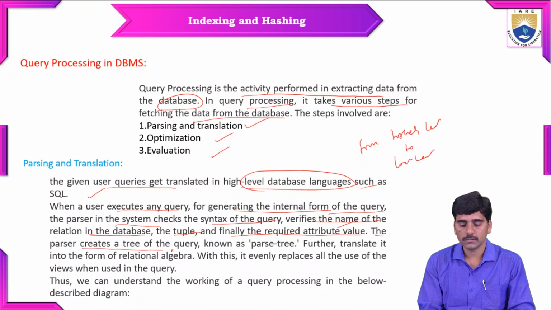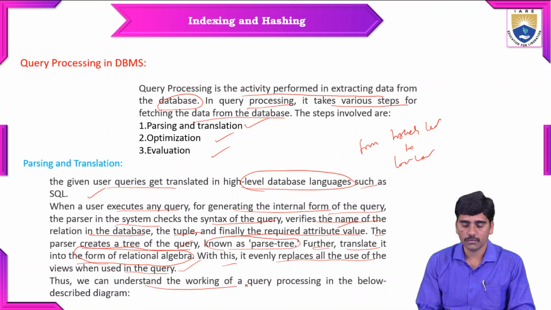The parser creates a tree of the query, known as the parse tree. It is further translated into the form of relational algebra. It also replaces all the uses of views when used in the query.